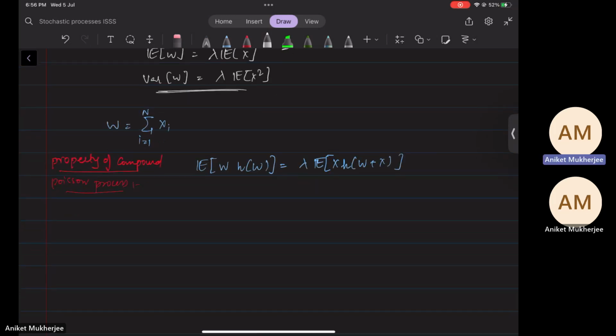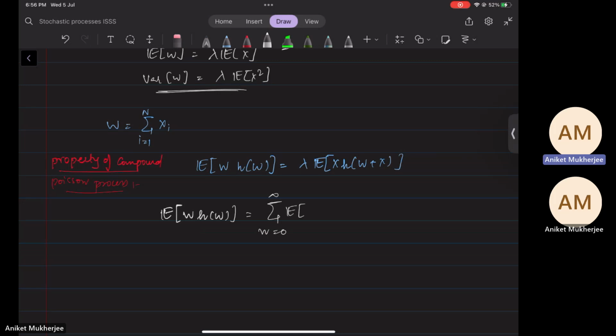To prove this, again we'll do the same thing. Since W is dependent on N, which is a random variable, we'll condition on N and then sum over all the possible values that N can take, because N is a Poisson random variable. N can take any value between 0 and infinity.